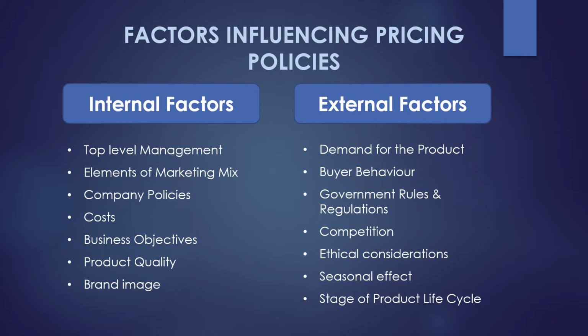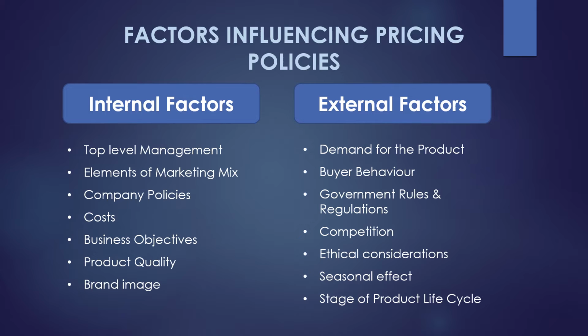Cost. What is the cost at which an organization produces a product? That is very important. Under this, there may be direct costs like raw material, labor, other direct expenses, and overheads. Overheads mean indirect expenses like administrative, office expenses, general expenses, selling and distribution expenses.